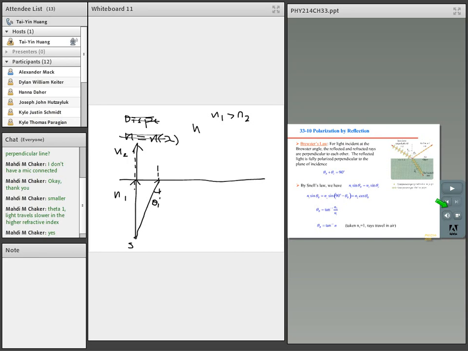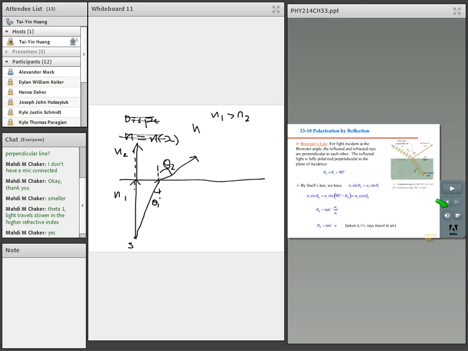When theta 2 is greater than theta 1, it means that the refracted ray is going to be away from the normal, much greater than theta 1. So you would expect the refracted ray to look like this. In other words, your theta 2 is greater than theta 1.